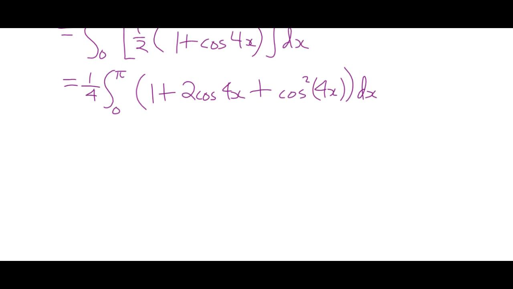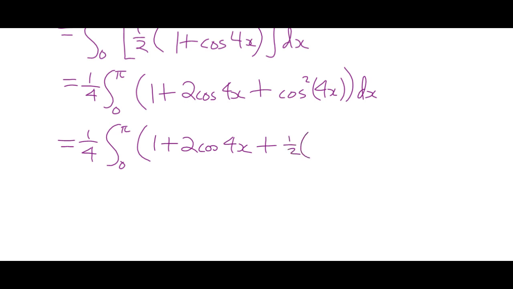All right, well, we're looking at a cos squared again, right? We're going to use the half angle identity. I've got a cos squared. I'm going to replace it with 1 plus cos of, and we'll figure that out. So we got 1 plus 2 cos 4x plus, okay, so the half angle identity is 1/2 of 1 plus cos of what?